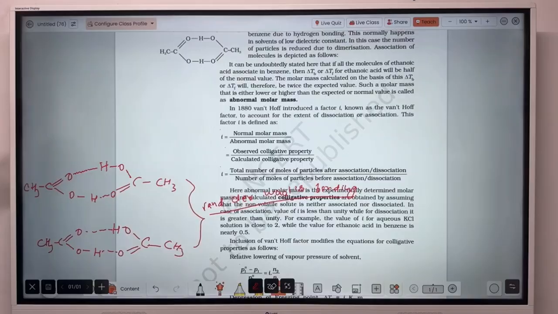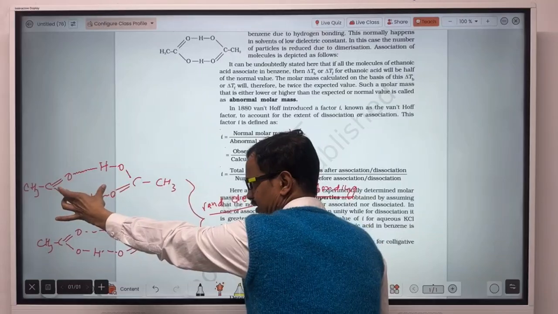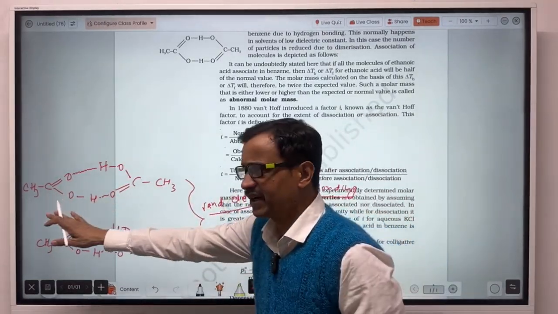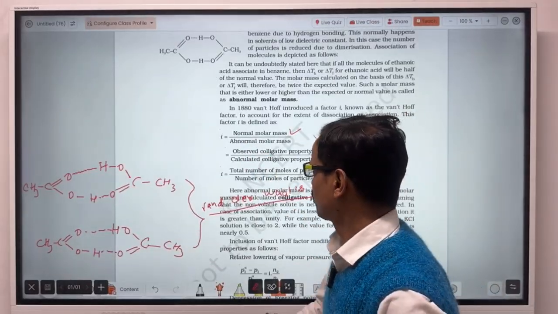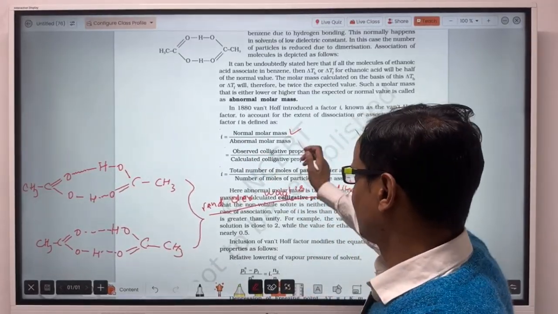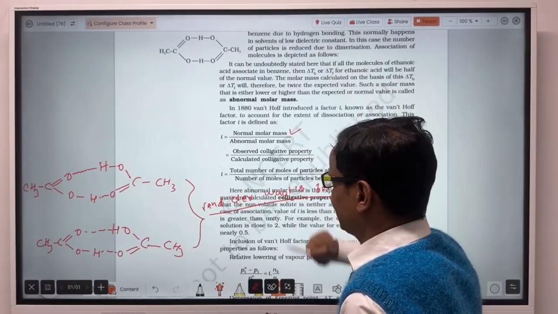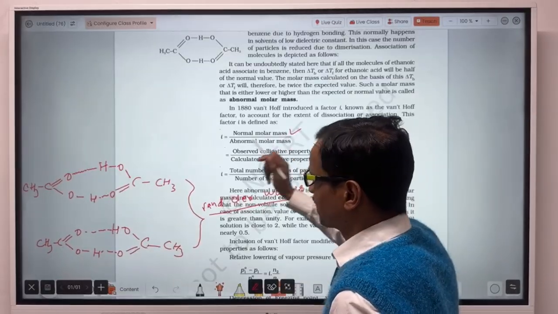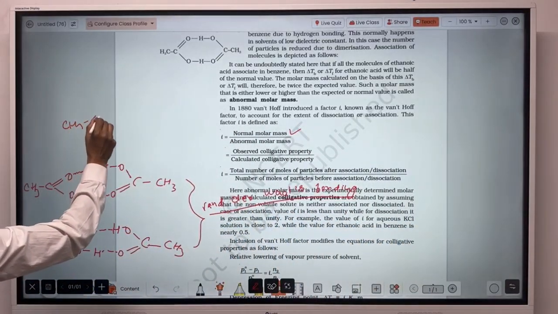When particles associate, the normal molar mass will be greater. Particles will associate here, and if all the particles associate, then the molar mass here is twice. No, sorry, the normal molar mass will be less and the abnormal molar mass will be greater, because normal molar mass is the natural molecular weight of acetic acid.